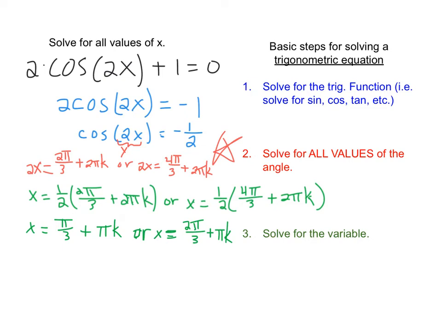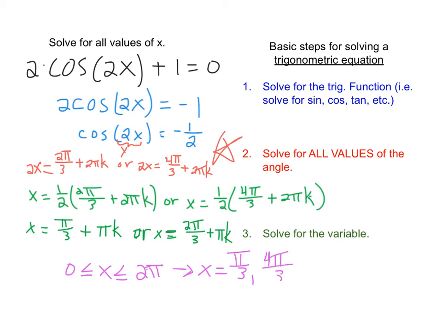Now if the problem specified, say, find all values of x between 0 and 2 pi, we could use our answer to get these. We could start with pi over 3, and then if we add pi to that, we'll be at 4 pi over 3.